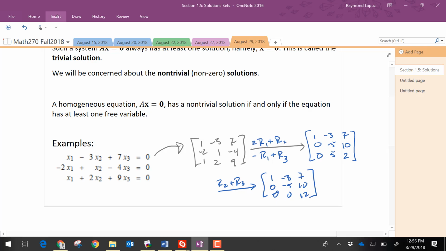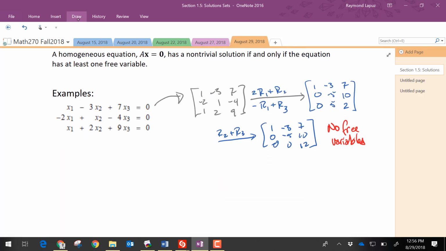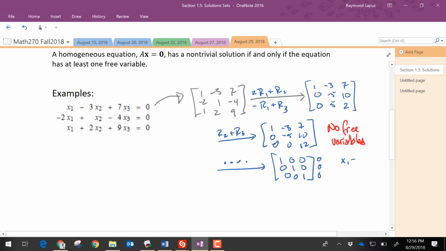So let's make a note that there are no free variables here. When there are no free variables, you can go ahead and conclude, or you can take the steps if you really want to see it. You'll eventually get to this point in a reduced row echelon form, which, if you remember the augmented part over here, says that x1 is equal to 0, x2 is equal to 0, and x3 is equal to 0, and that's the only solution we have.